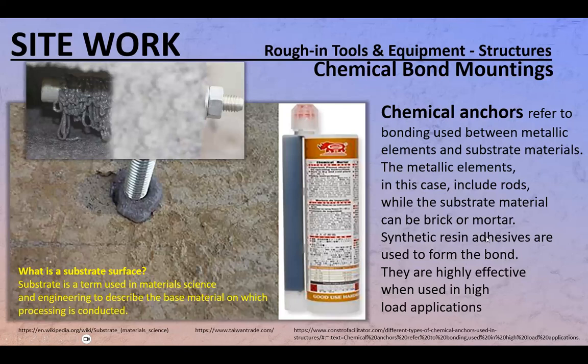Synthetic resin adhesives are used to form the bond. They are highly effective when used in high load applications. Read the specs sometimes on some of those, and you'll be surprised what it is provisioned to handle as far as load.